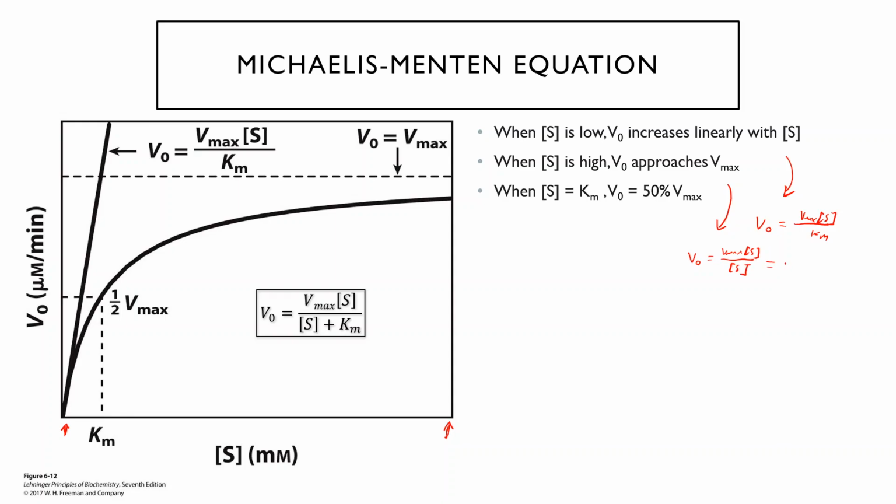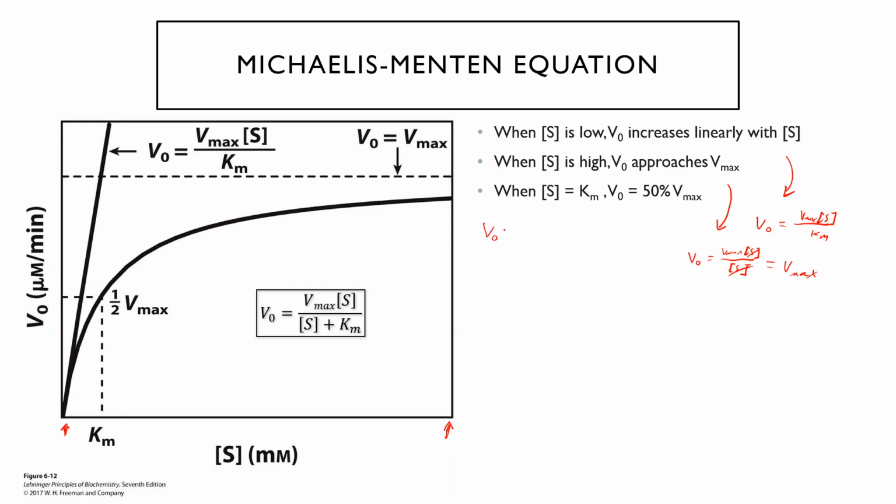And that means that V0 just equals Vmax, because of course these cancel out. So that matches our experiment, because we know that when substrate concentration becomes very high, the initial velocity eventually approaches that Vmax.